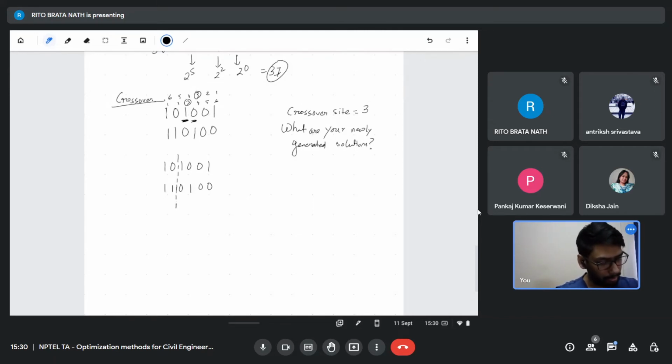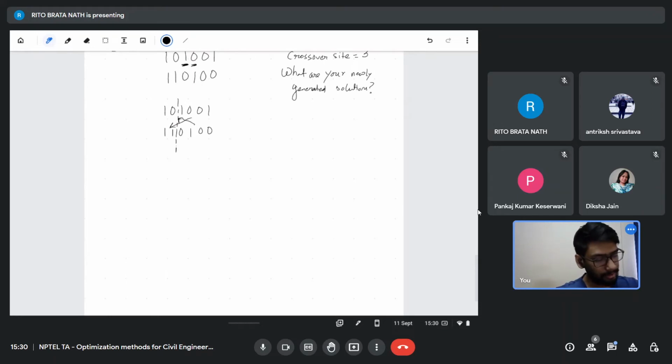Whatever you had from here will go here and this one will come here. So your newly generated solution will be 1, 0, then this part will come and this one will have 1, 1, 1, 0, 0, 1. So these are your new solutions with crossover.